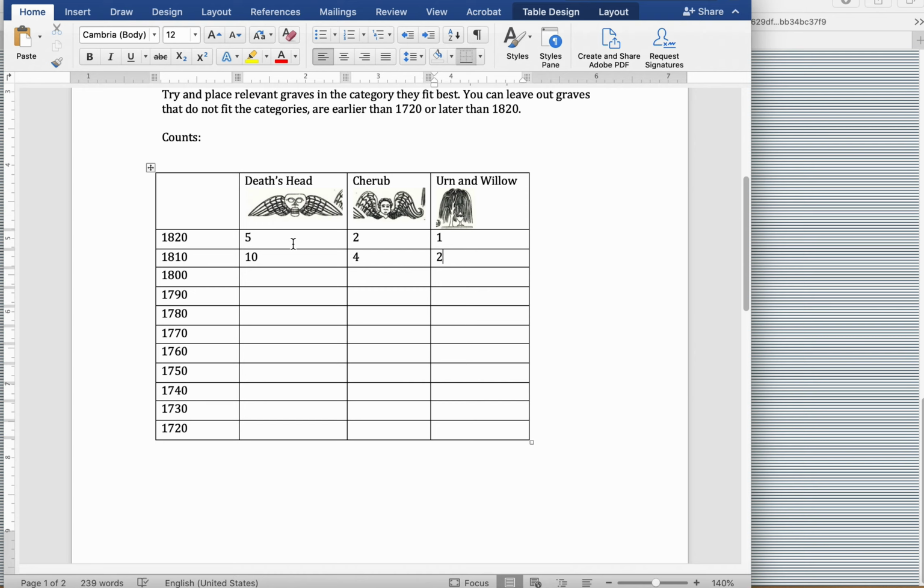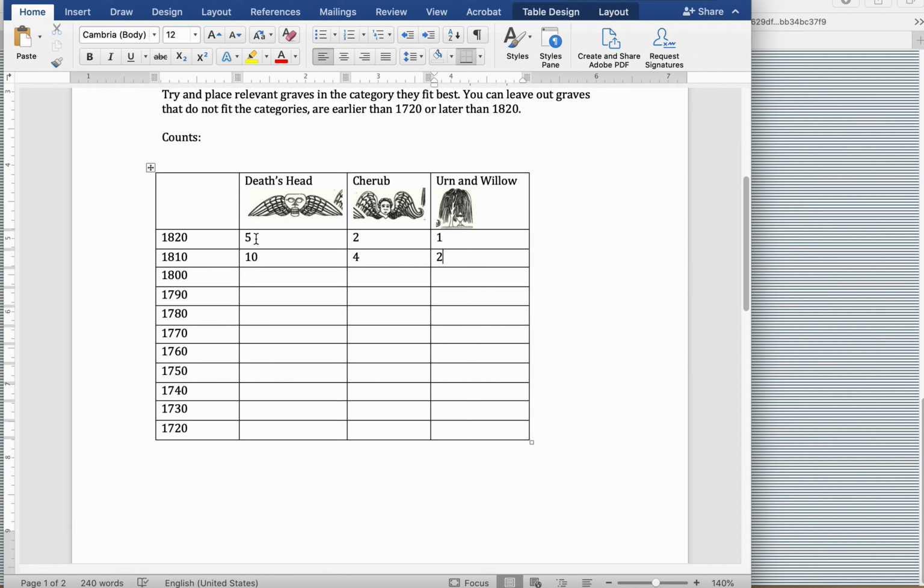If you were only looking at the numbers, you'd say, oh, there was a decrease in the death's head motif from 1810 to 1820.